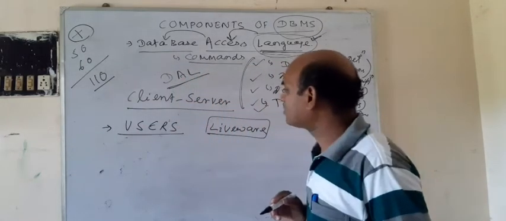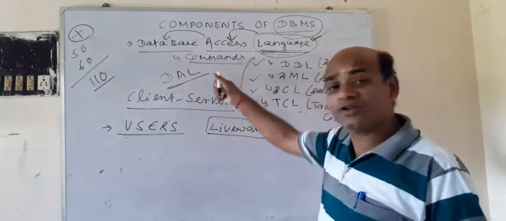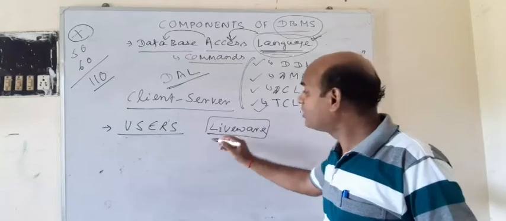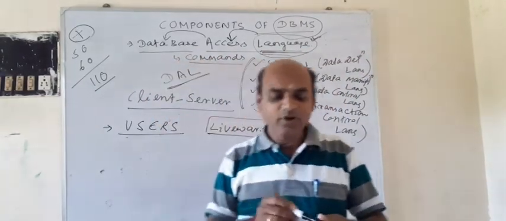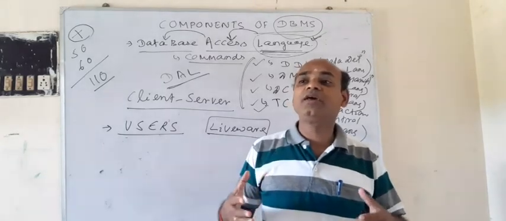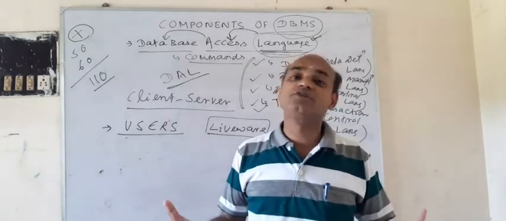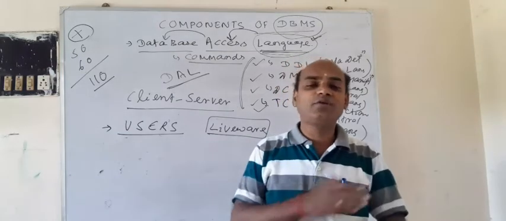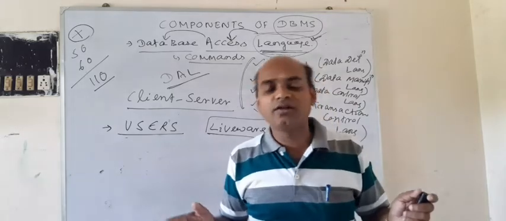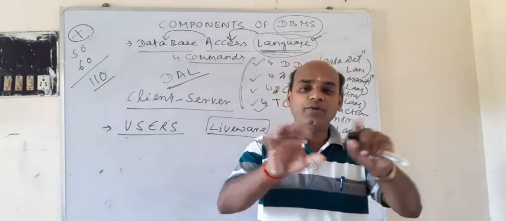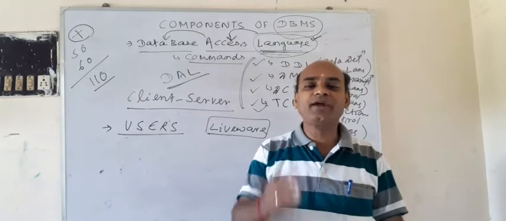Users, operators, programmers: hardware, software, liveware. There are many types of users. Some users are more talented, with more knowledge about this software. Some users are not aware of the database management system, but still they are using it. For example, we are using ATM cards of the banking system, debit card or credit card.